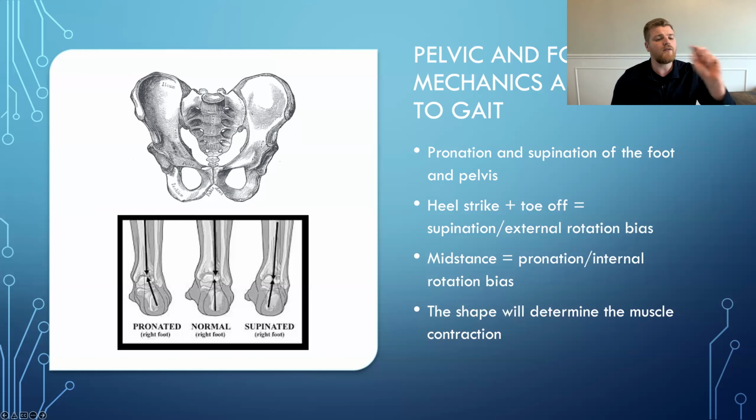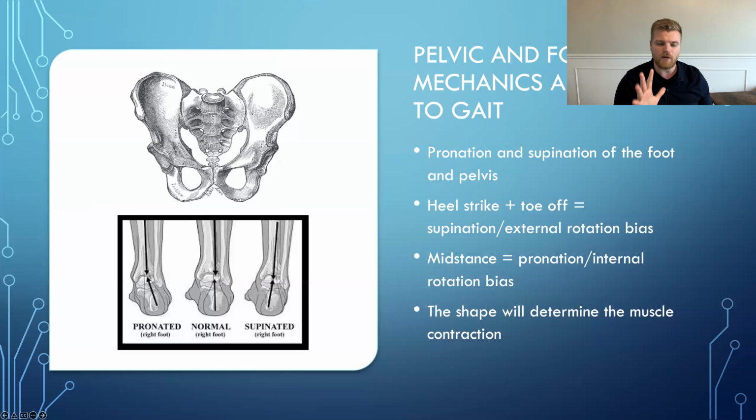So we can see how these two structures are integrating with each other and how the pelvis is not much different than the foot, although they look different and although they manage different kinds of forces. We have similar changes at the pelvis as we do at the foot, to a smaller degree, of course. When I'm doing this, this is not how much motion the pelvis has. If it does, there's a real problem.